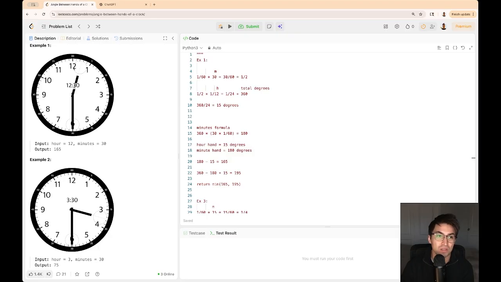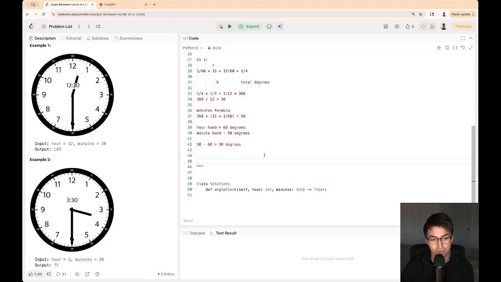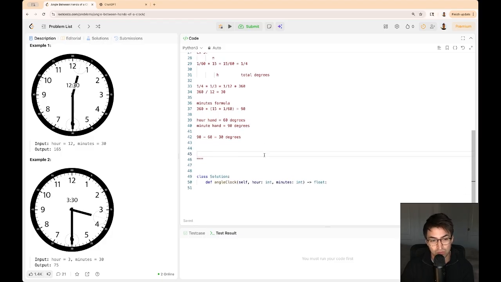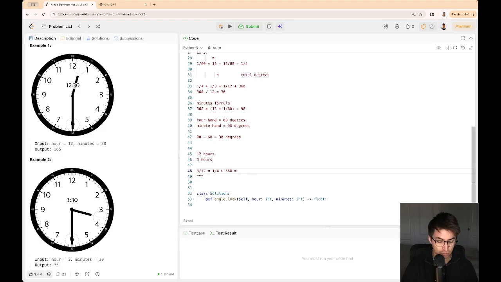No, that's not even right. There are 12 hours. If we divide by whatever hour we're on, the third hour, 3 divided by 12 equals to 1/4 times the degrees. 360 divided by 4 equals to 90 degrees.